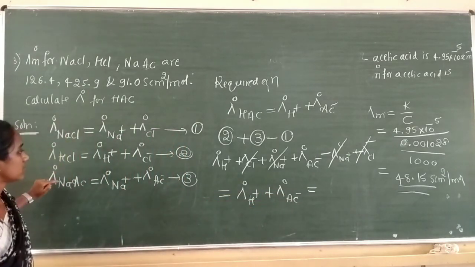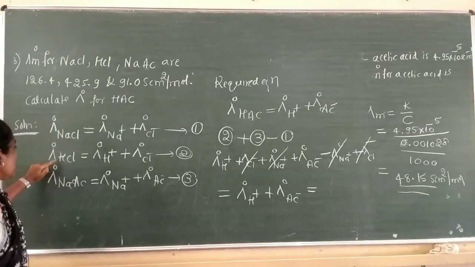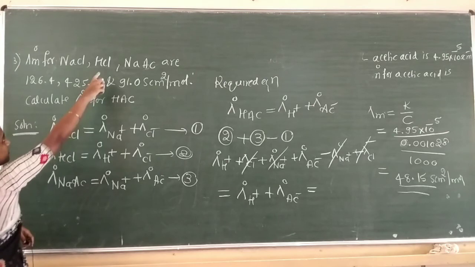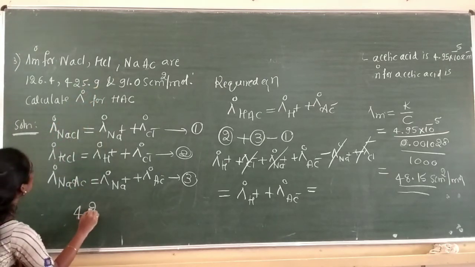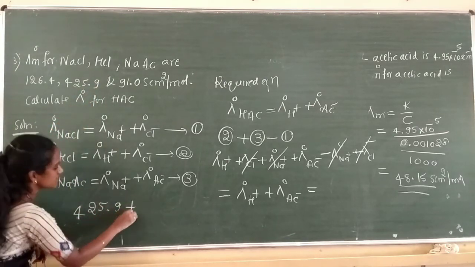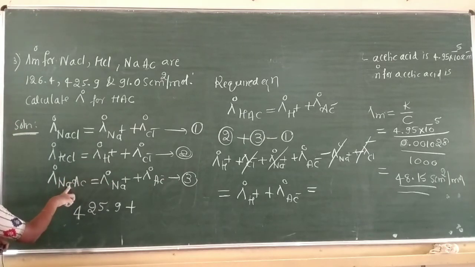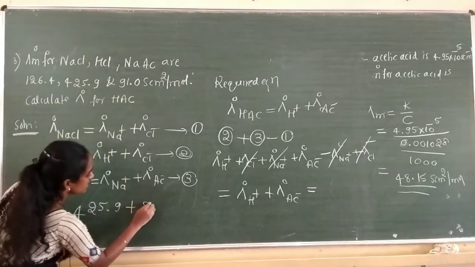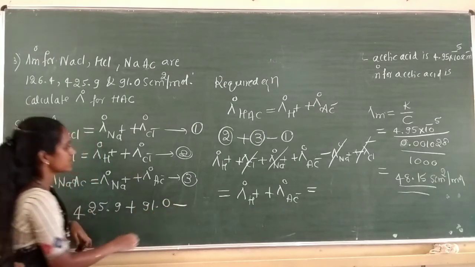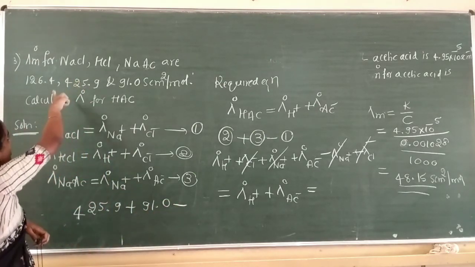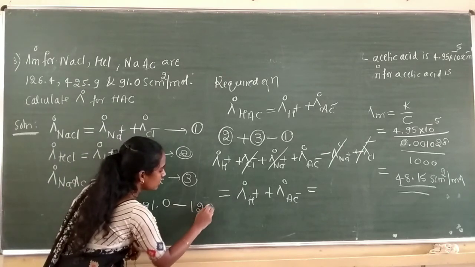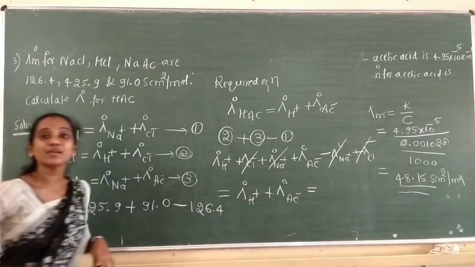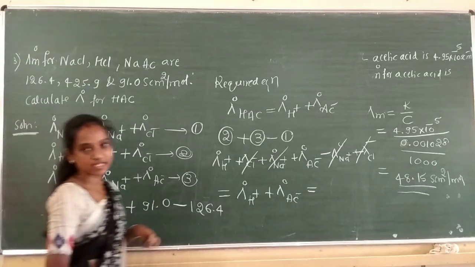So we have added equations 2 and 3. What is the value of the limiting molar conductivity of HCl? It is 425.9, plus we have added equation 3, sodium acetate, the value is 91.0, and we subtracted equation 1, the limiting molar conductivity value 126.4. Doing the calculation, we get the limiting molar conductivity of acetic acid.